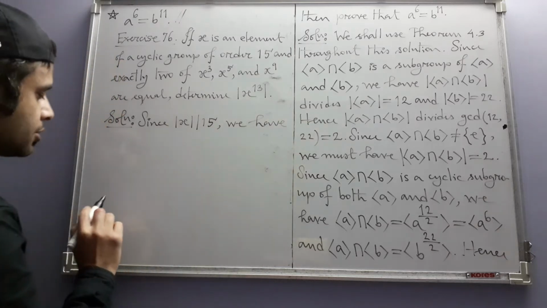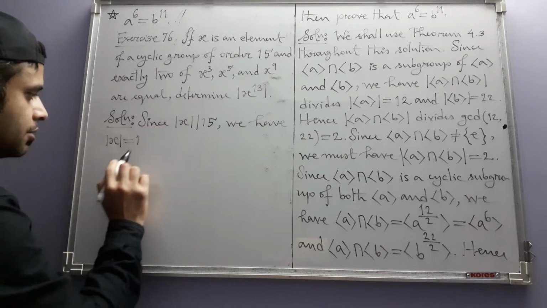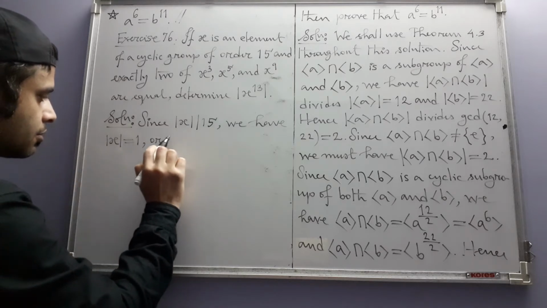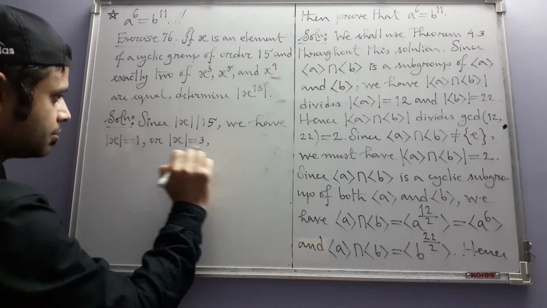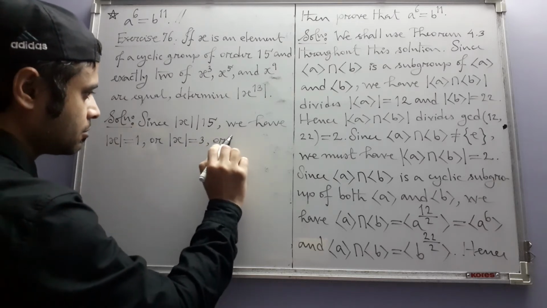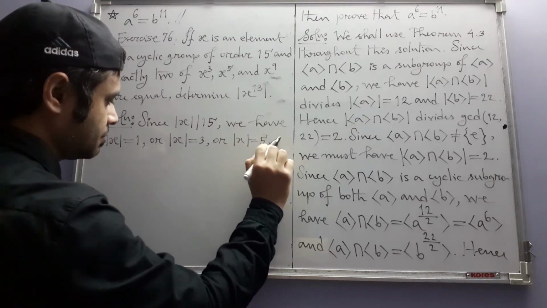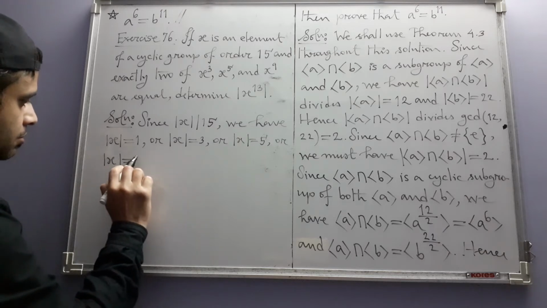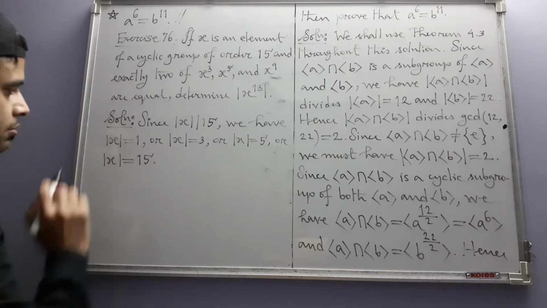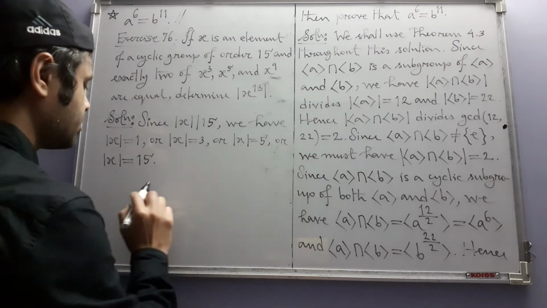So what are the possibilities? Order of x can either be 1 or it can be 3 or it can be 5 or it can be 15. But order of x cannot be 1. Let's see why.